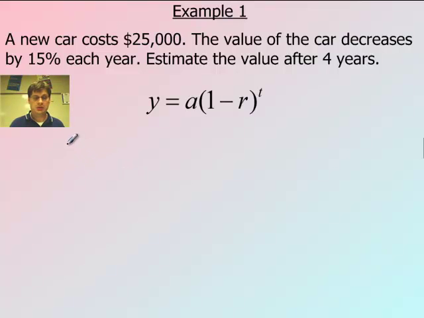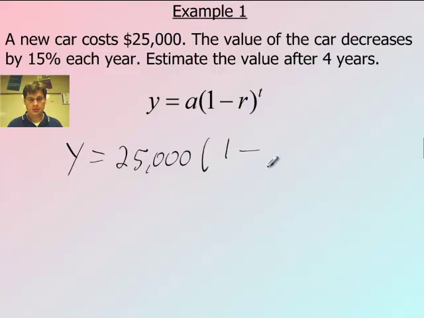So the way we would set that up, we would say y is equal to our initial amount, $25,000, times 1 minus r, which is a percentage, which we express as a decimal, 0.15, and then to the 4th power, 4 years.